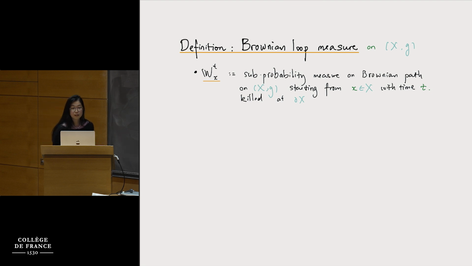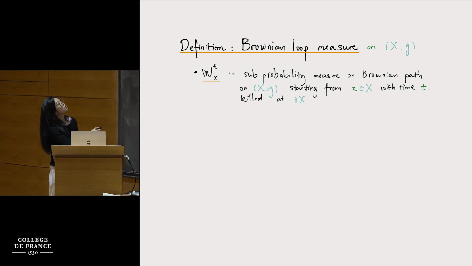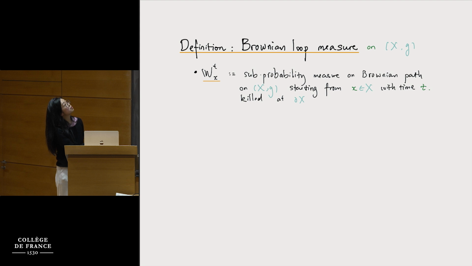Now, this is probably the slide with the most definitions. Let's assume I start with any smooth metric. I look at this sub-probability measure on the Brownian path on the surface, starting from the point x, run for time t and killed at its boundary.